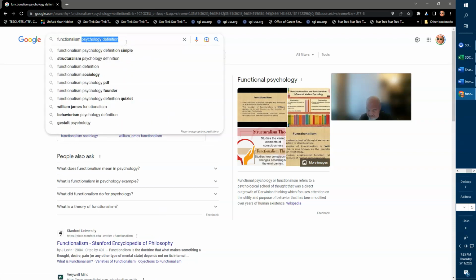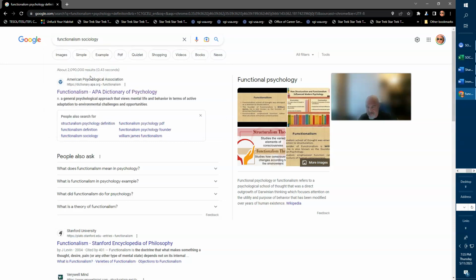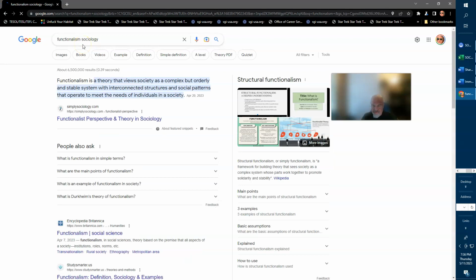If I just type in the word functionalism and I go down to sociology, most of you correctly identified this: a theory that views society as a complex but orderly and stable system with interconnected structures and social patterns. It has nothing to do with your mental anything. In fact, these theories have nothing to do with individuals. They have to do with large-scale social institutions. And some of you correctly identified that.